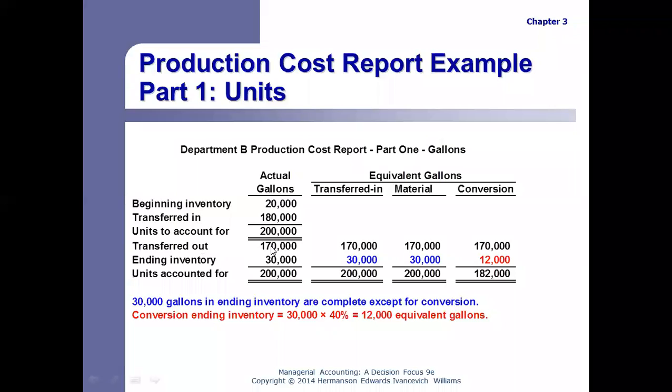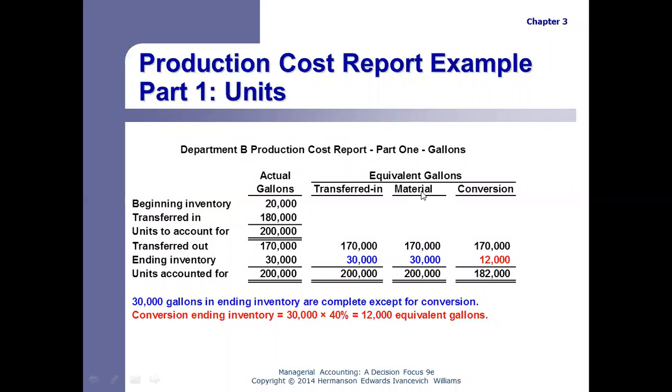We know we transferred out 170,000 gallons. Again, that was given. And the ending inventory then is 30,000. That's how many gallons we have left over. Because if we had 200,000 altogether, if we finished 170, that means we had 30,000 that's not yet finished. Okay. So the next step then is to look at the equivalent units.